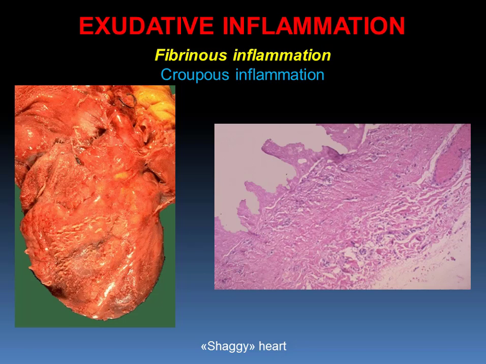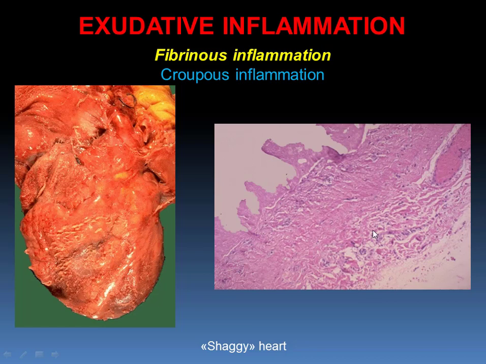Examples of croupous inflammation are, first of all, fibrinous pericarditis, inflammation of the pericardium of the heart, which has a typical macroscopic appearance known as shaggy heart. Fibrin threads accumulate on the surface of the pericardium and give the heart a hairy appearance, Latin name cor villosum.